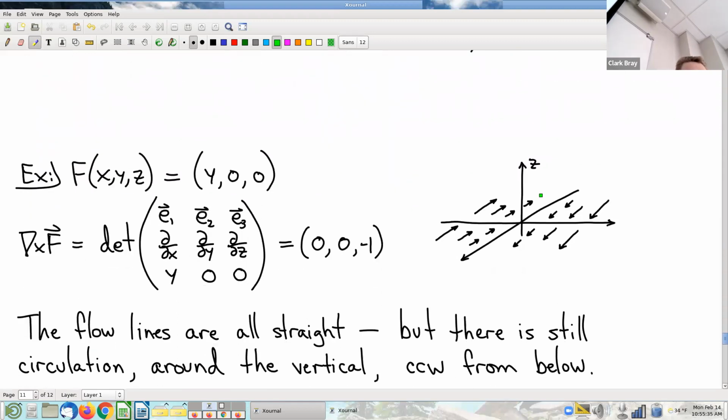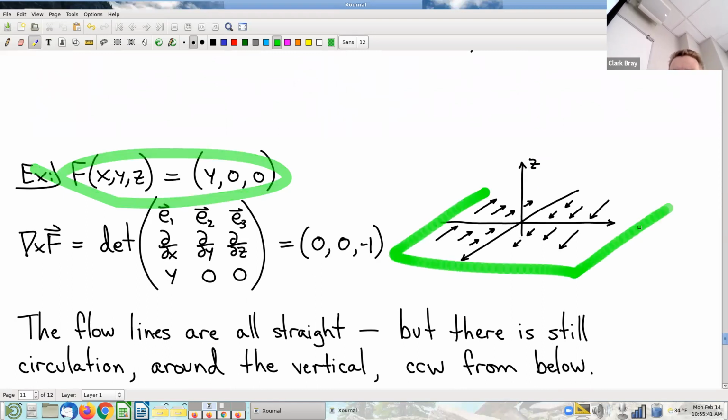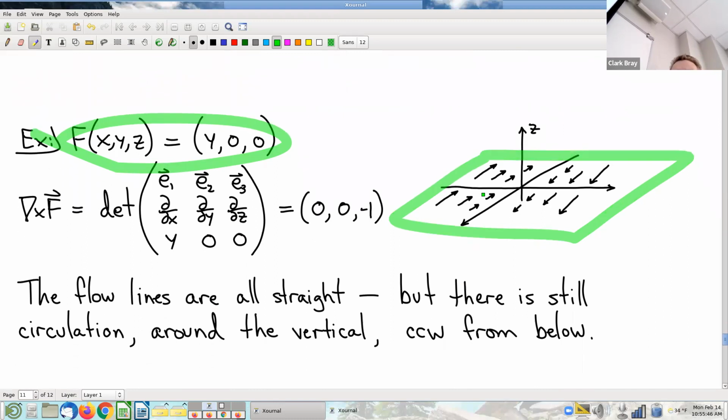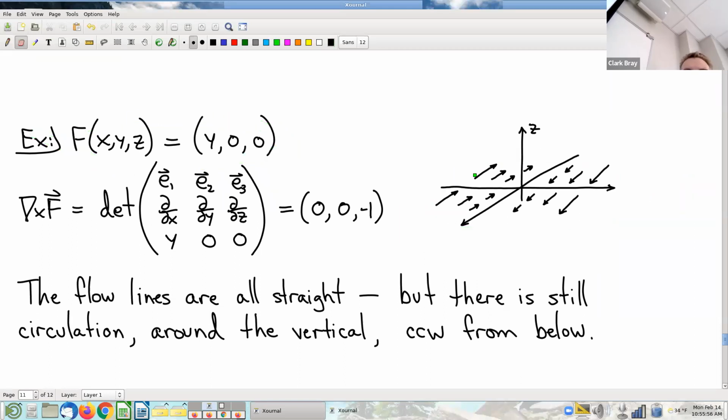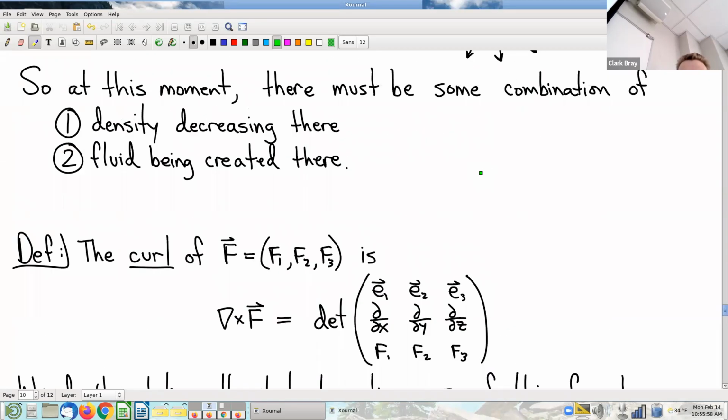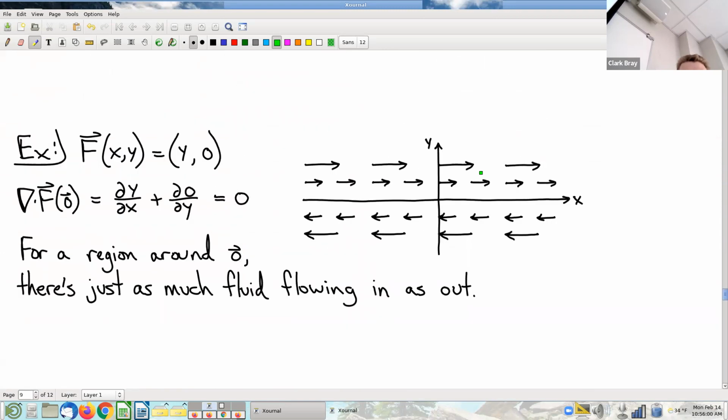I think this one's really interesting. A lot of people would look at this vector field. Again, I'm only drawing just what's going on in the XY plane because the picture would become a mess otherwise. And even still, this vector field is kind of hard to relate to. But this is a lot like the vector field that we drew a few minutes ago. And let me see if I can scroll back to this one here.